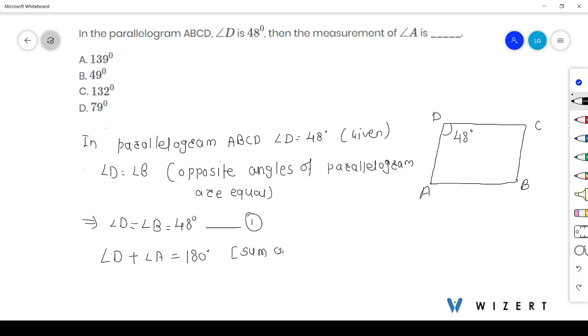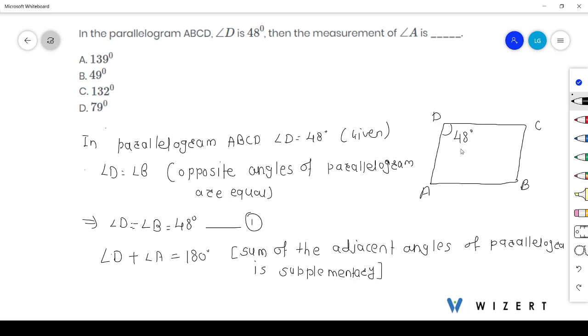Since sum of the adjacent angles of parallelogram is supplementary, that is, sum of these angles is 180 degree.